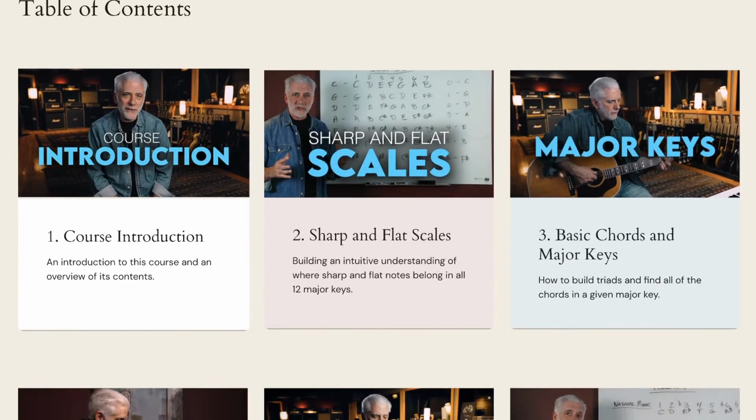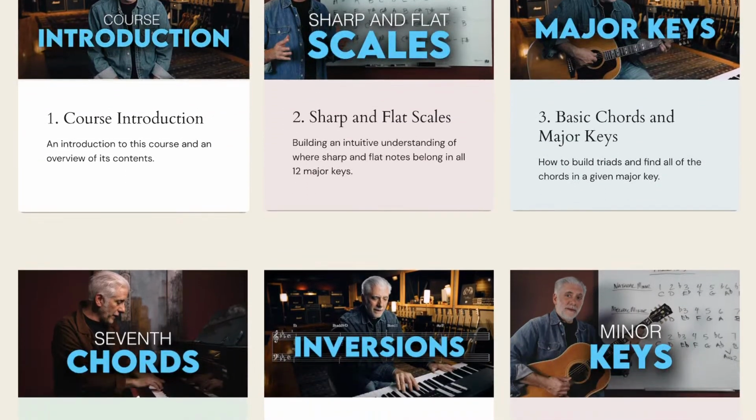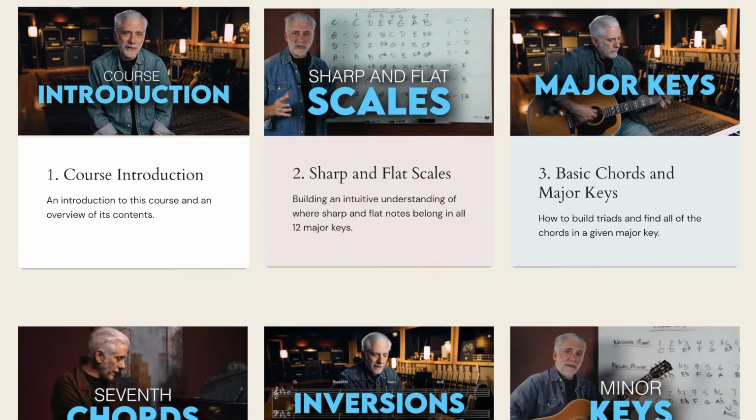Table of contents: course introduction, sharp and flat scales. This is the best way that I've taught about key centers, I think, from any of my videos or anything. I really figured out how to teach this stuff, I think.